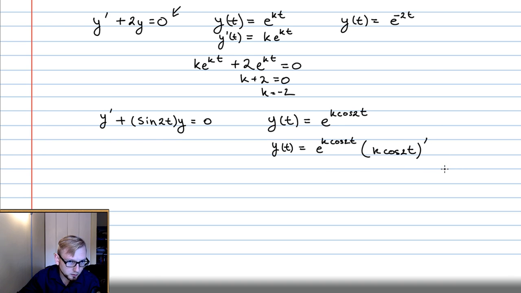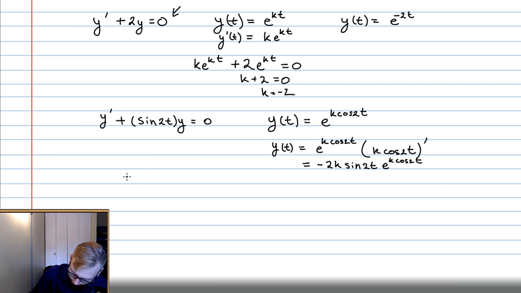What is the derivative of cos? Derivative of cos is minus sine, I believe? Yeah. And so this will be negative, and there's a 2 in here, so we have to bring that out. 2k sine of 2t times e to the k cos of 2t.